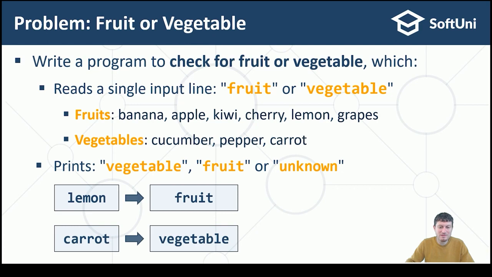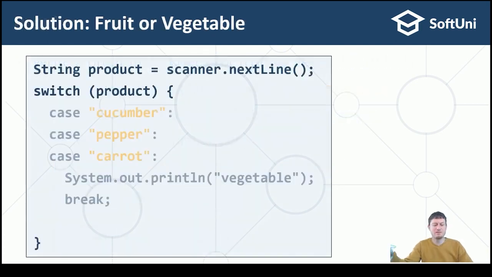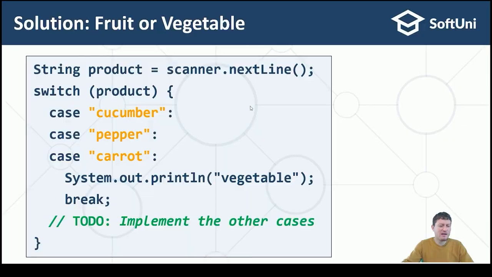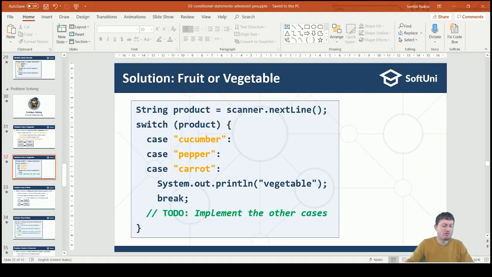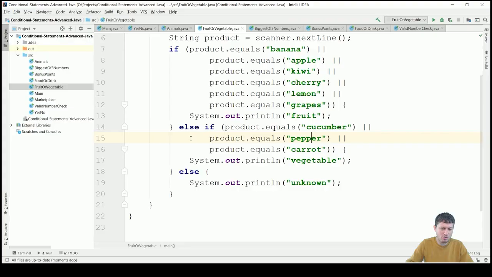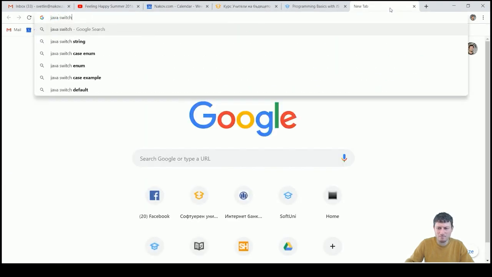So we are done with this program, and let's see the solution I had in mind before the lesson. It's with switch. Switch like this, and I should check whether this works. I'm not sure that switch works for strings. We can check in Google.